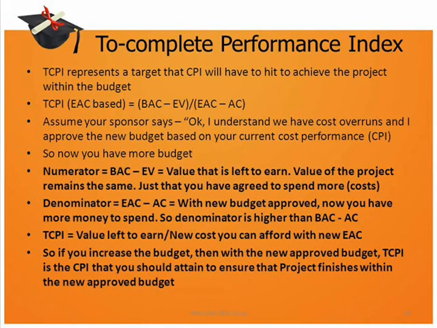Because of that, the formula of TCPI is now changed since the sponsor has agreed to the new budget, which is EAC. So if you increase the budget, then with the new approved budget, TCPI is the CPI that you should attain to ensure that the project finishes within the new approved budget.